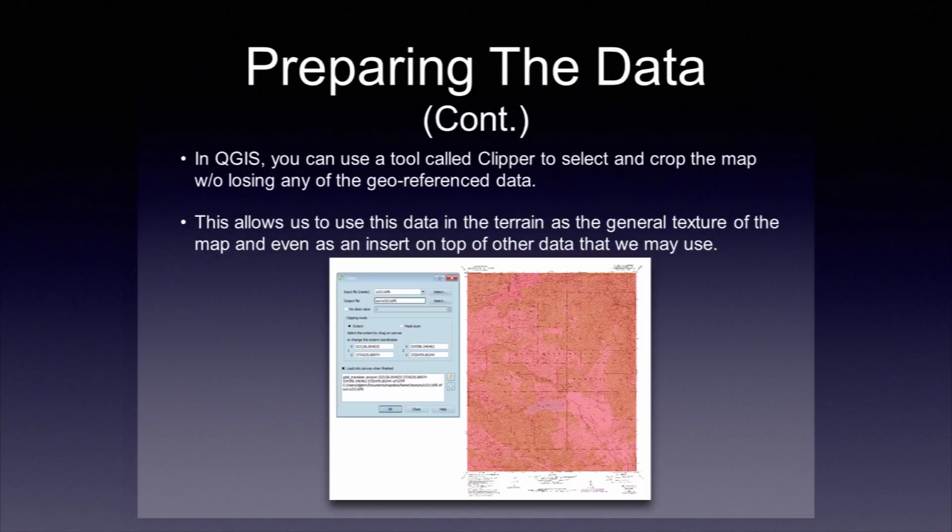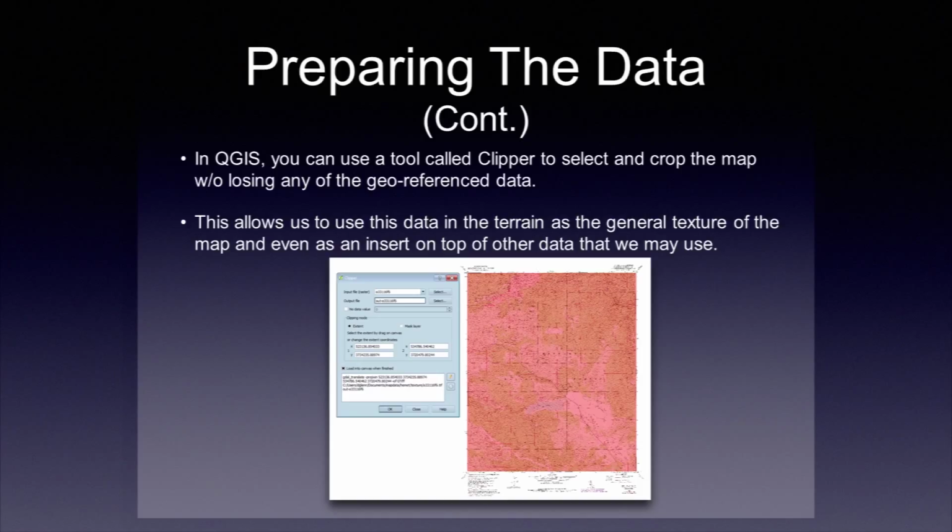As you remember before, we used QGIS. We loaded it into the program, and we're going to use a tool called Clipper to crop the data of the map. Basically, take away the border.